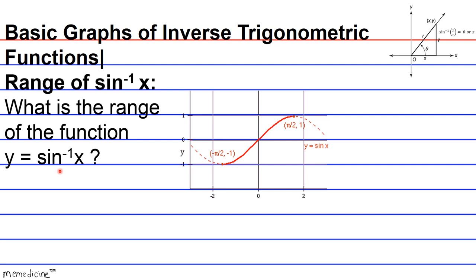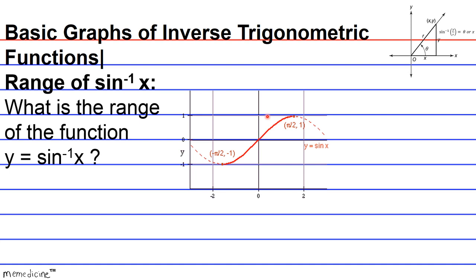So the range of the sine x function is going to be restricted between -1 and 1, because we're restricting the domain from negative pi over 2 to pi over 2. Whenever you restrict the domain, a restriction of the range ultimately follows. I think that makes sense to you.